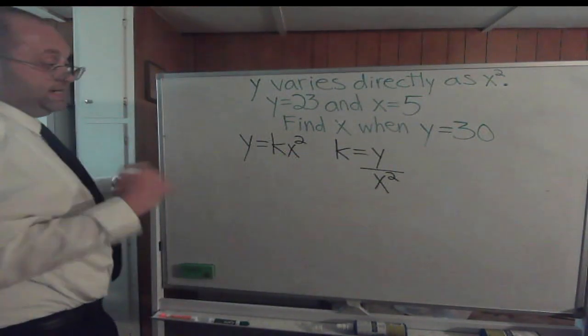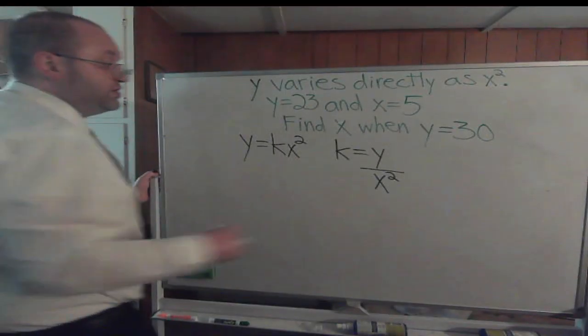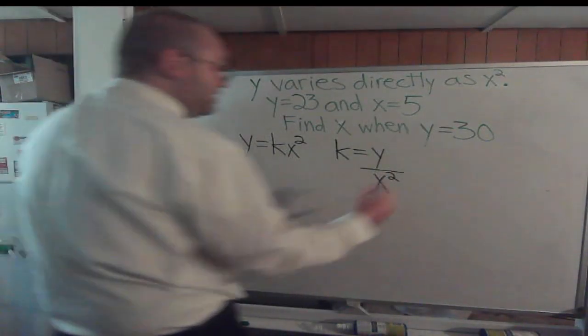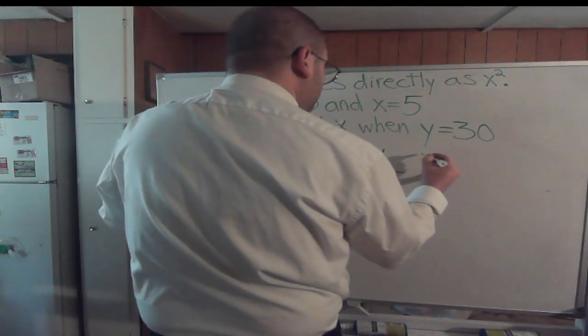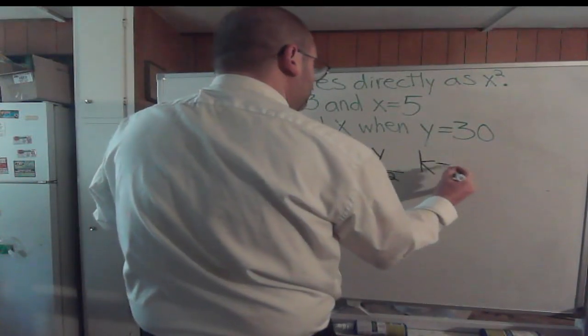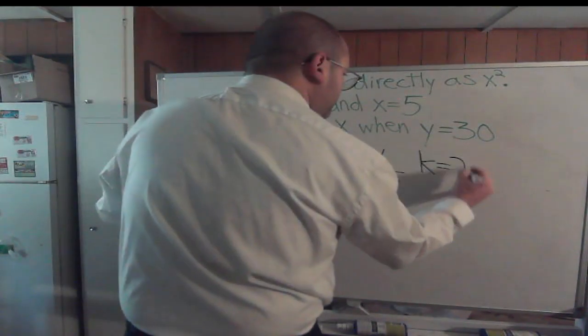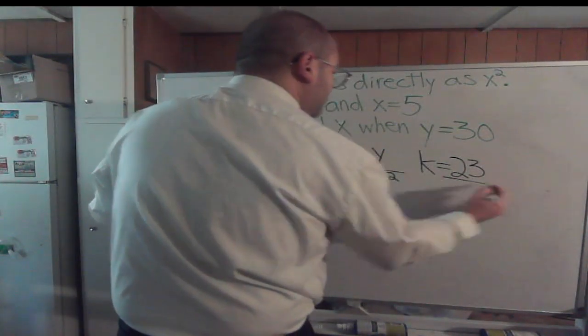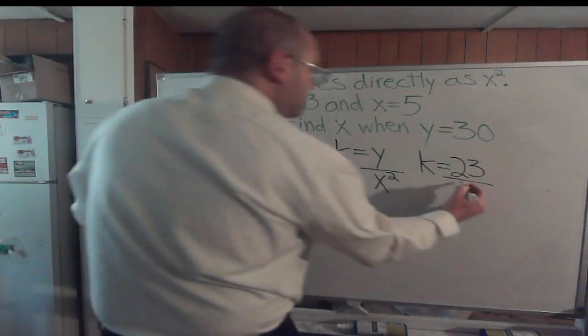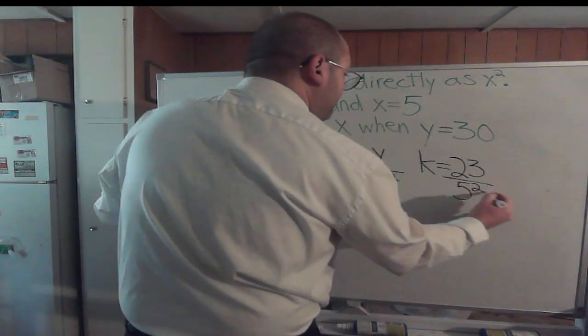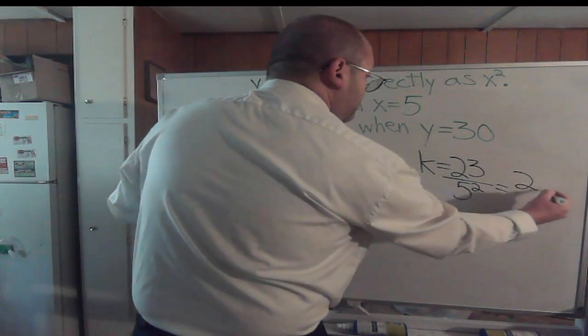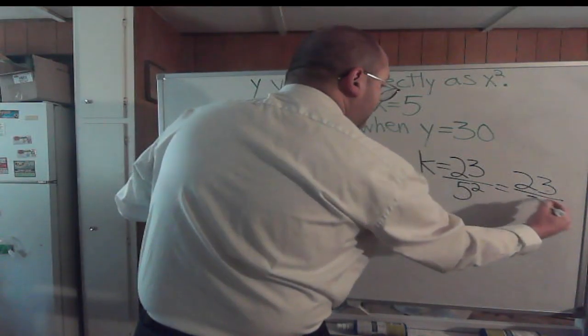Now, we need to solve for the constant of variation. All you're going to do is plug in your y and x values. So that would mean k is equal to the y value of 23 over your x squared value of 5 squared, which would equal 23 over 25.